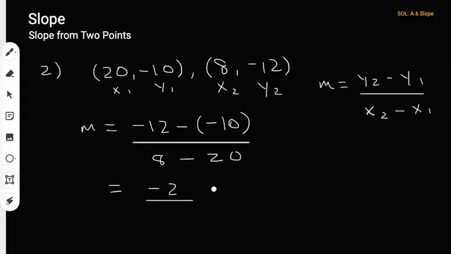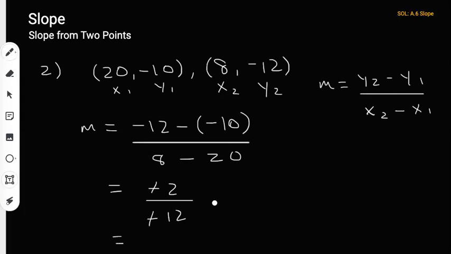Now in the denominator of the fraction, I have 8 minus 20. That's going to be a negative number, negative 12. So now I have negative 2 divided by negative 12. I know that if I divide 2 negative numbers, I get a positive number. And in this case, the negatives are going to cancel out, leaving me with a positive number.